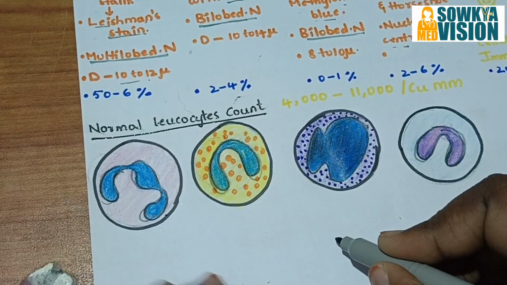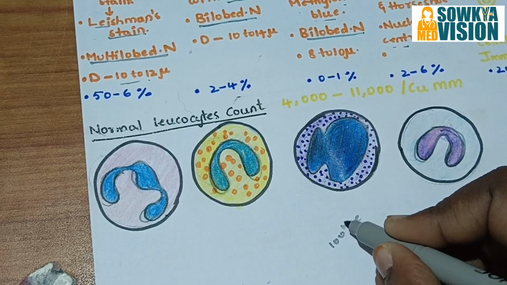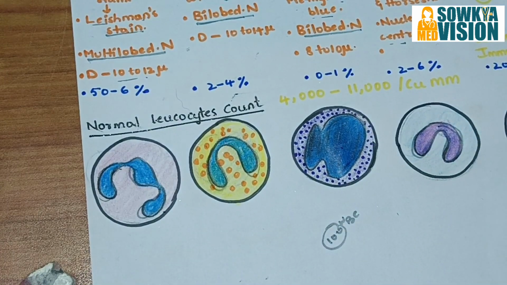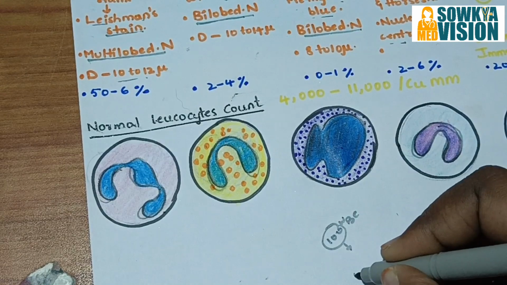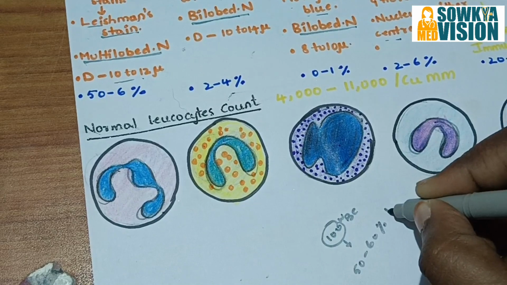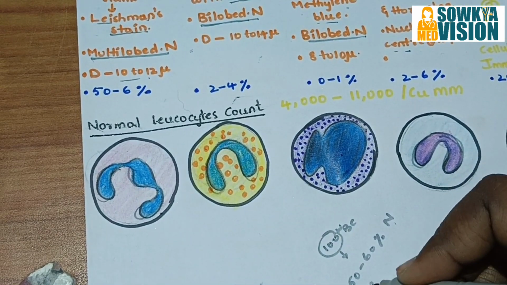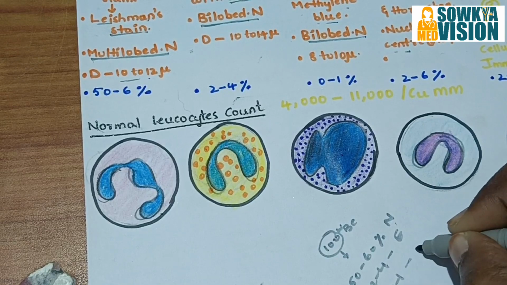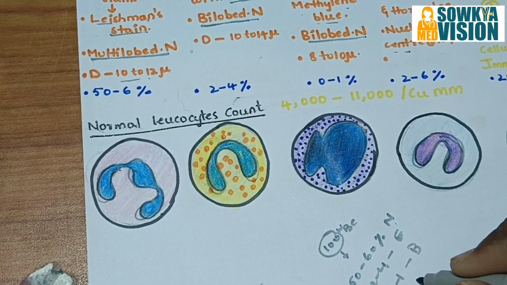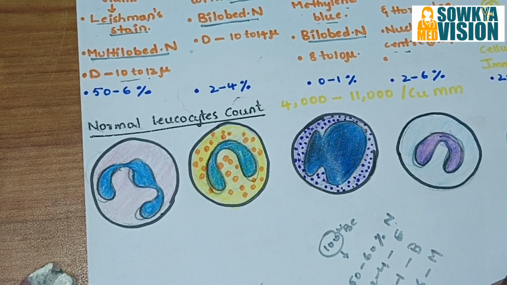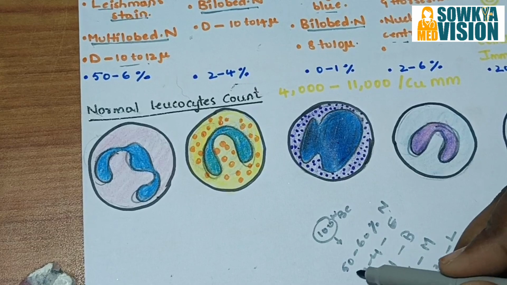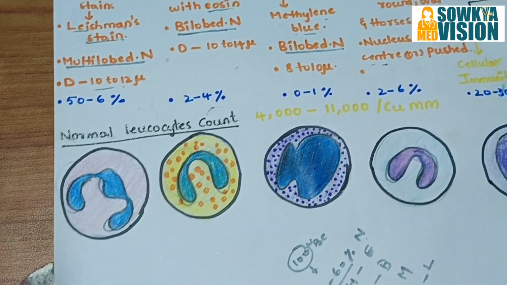Just imagine that we have 100 WBC cells, in which 50 to 60 cells are neutrophils, 2 to 4 are eosinophils, 0 to 1 are basophils, 2 to 6 are monocytes, and the remaining 20 to 30 are lymphocytes. Yes, the major component is what? Neutrophils. Yes, there are more neutrophils of WBC in the blood.